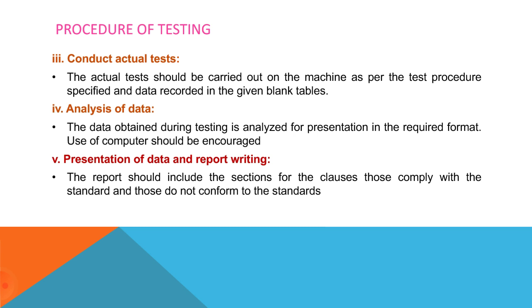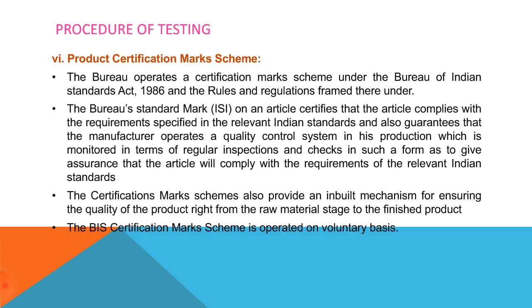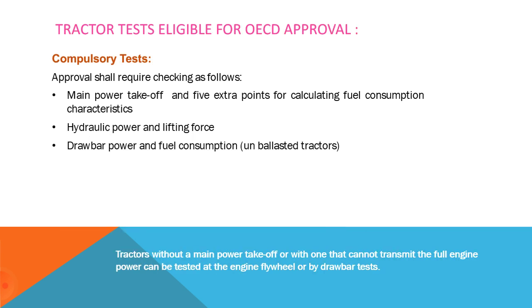Then we go for the actual test, field test, laboratory test, etc. After the test we analyze the data and reach a conclusion, and based on that data we write the test report. Based on that test report, we provide the certificate to the manufacturer under the scheme, mostly the BIS scheme. So that is the tractor test.